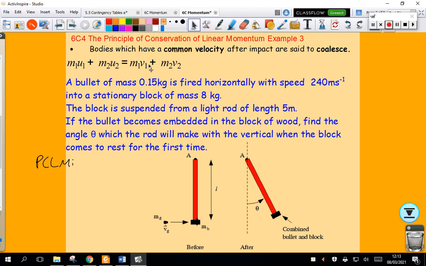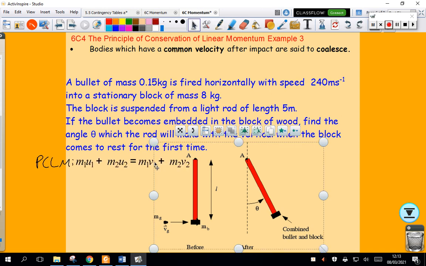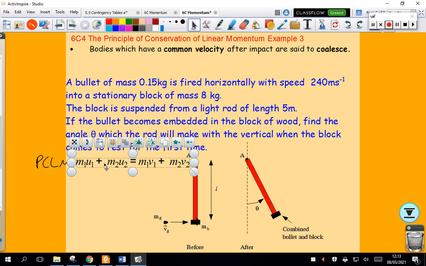And again, write it out first. Here it is. It says that m1u1 plus m2u2 is equal to m1v1 plus m2v2. So m1u1, well, let this be the bullet, the first object. Its mass is 0.15.